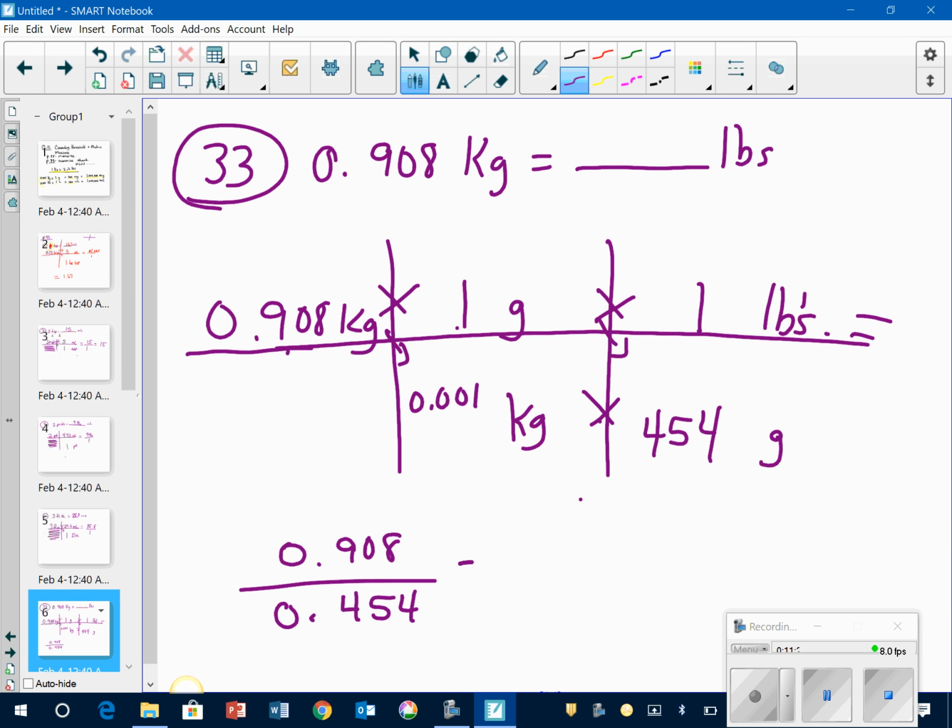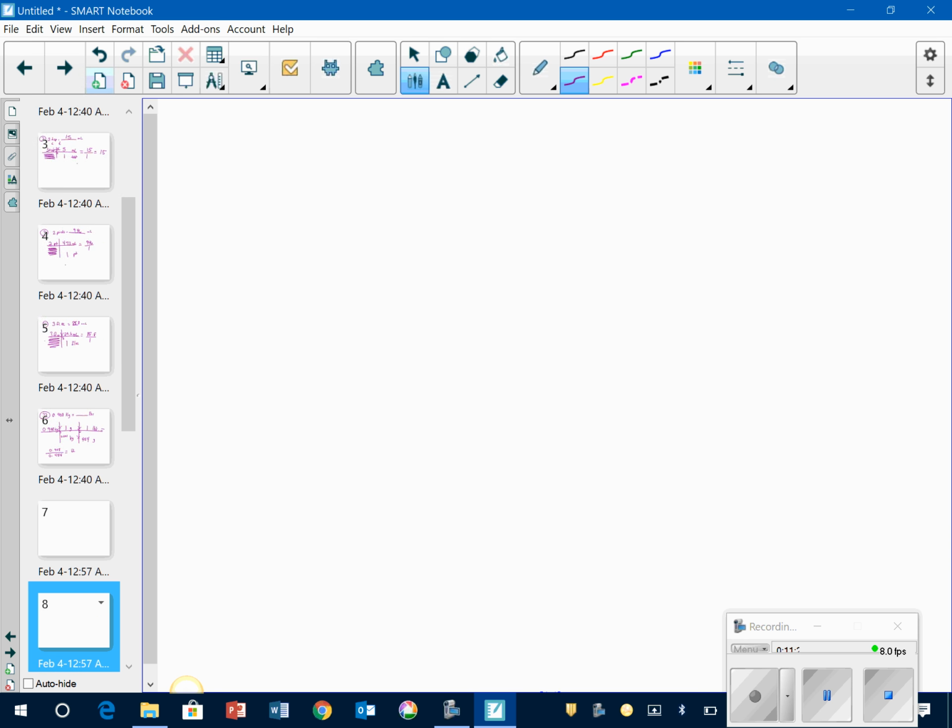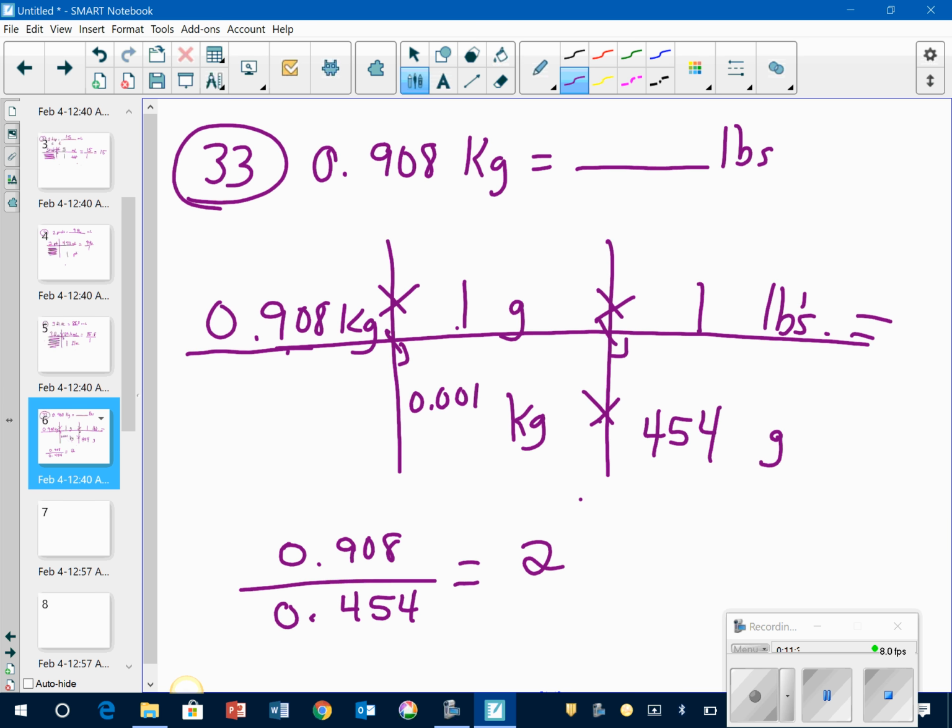When you divide that, you come up with 2. So the 0.908 would equal 2. Now, if you worked this out with 2.2 pounds is equal to 1 kilogram, you would come up with an answer of 1.99076. You would just round that to 2.